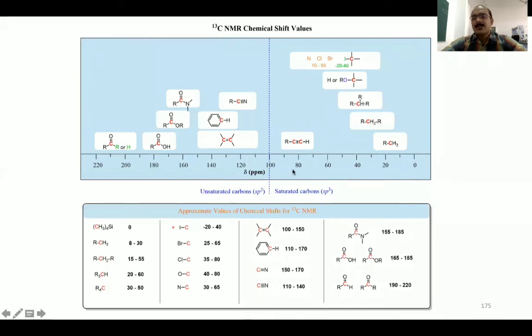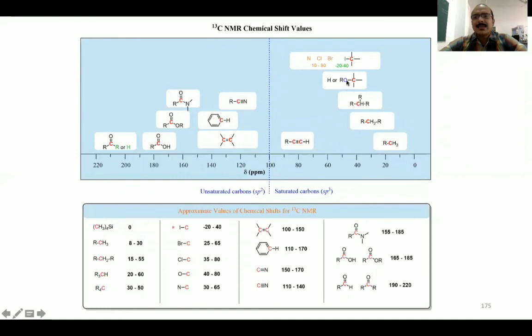Here there is an exception of acetylene. So here also we have primary methyl, secondary methyl, tertiary methyl. Primary methyl will have a lesser value than secondary. Secondary will have a lesser value than tertiary. That means as the number of R groups increases, the chemical shift value also increases. We will see the approximate chemical shift values in a short while. We will see just the range here.